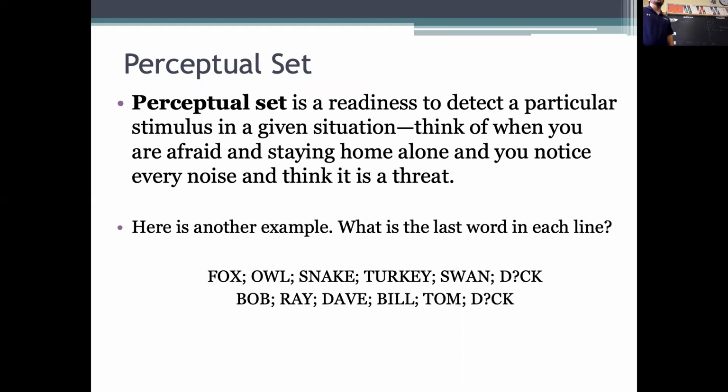When I was younger, when I was at home alone, I would always hear creaks in the house, and I'd always think someone's out to get me, right? Or someone's in the house that's kind of trying to murder me or something like that. And again, it's just picking up on or heightening our perception of certain sounds that occur when in all reality, it's something we deal with, right? It's something that we might have had sensory adaptation to before, but since the environment has changed, we actually might pick up on the stimulus a little bit more.